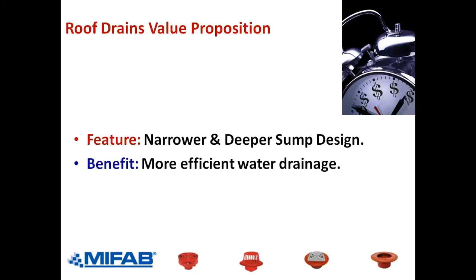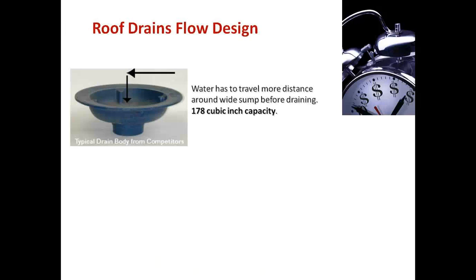Having a narrower, taller tube versus a shallower, wider tube, water will drain faster through the former. Okay, here is a better way to see this. So there's your typical Zurn, that's a Z100. It would be the same concept with any competitor's roof drain body. Water has to travel more distance around the wide sump before draining.